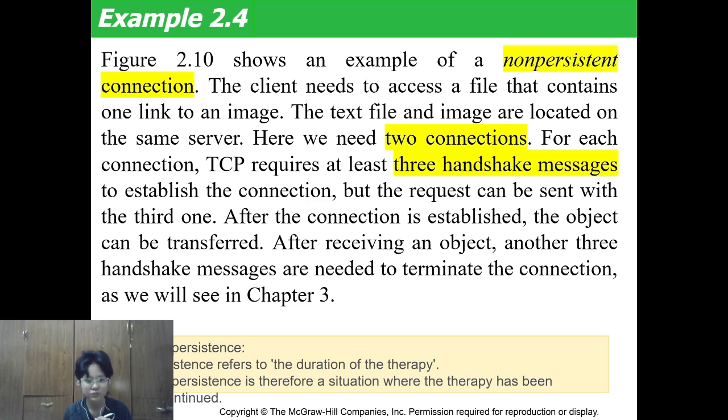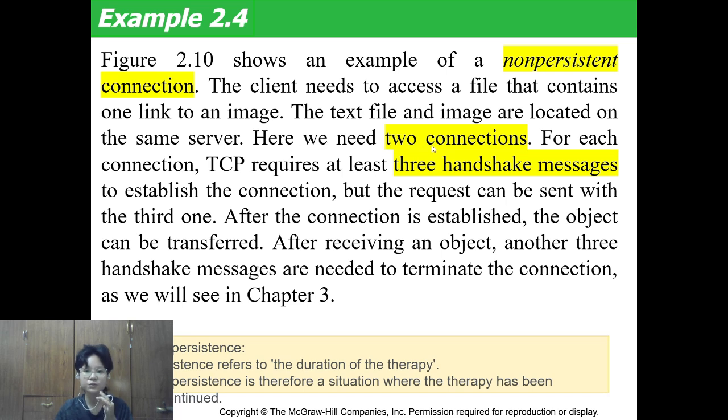Example 2.4, about picture 2.10, shows an example of a non-persistent connection. The client needs to access a file that contains one link to an image. The text file and image are located on the same server.